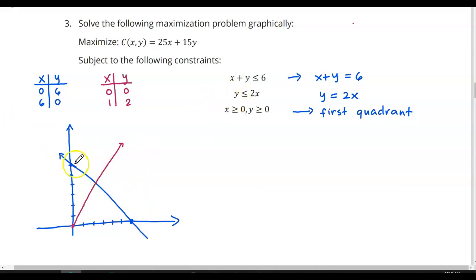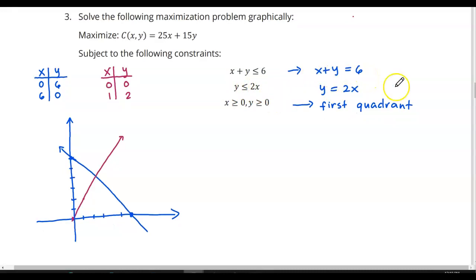This red line here is the line y is equal to 2x, and the blue line is the line x plus y equals 6. The next step is to identify the feasible region. But before we identify the feasible region, let us first get the intersection point. So we are going to solve this system of equations by the substitution method.